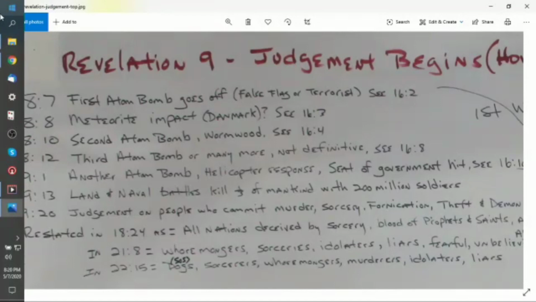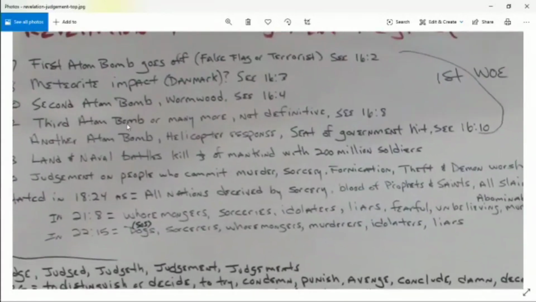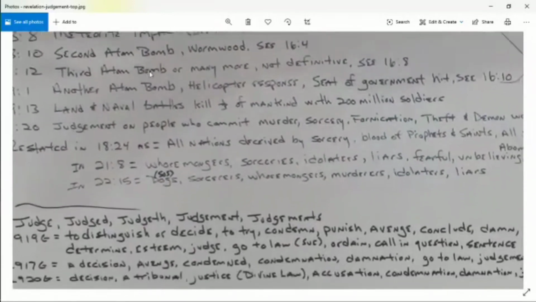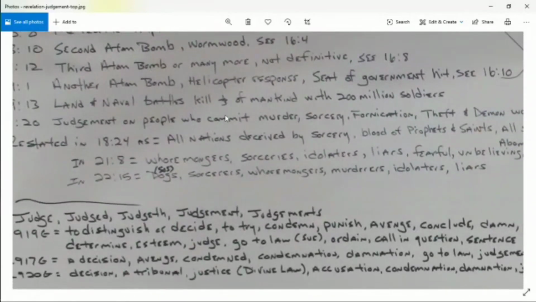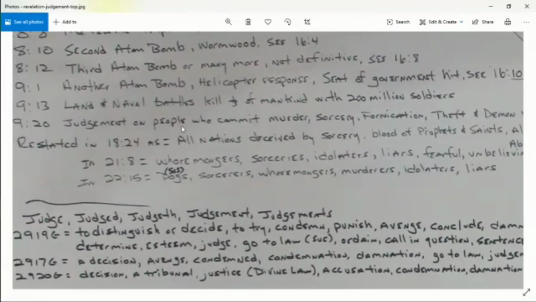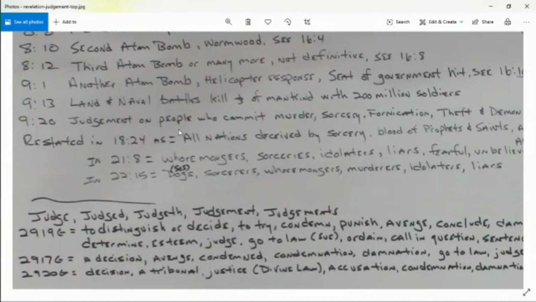So I would say the nuclear war doesn't happen until after or right around the time when the eighth beast is destroyed, the House of Rothschild and the false prophet. Okay, those two, the eighth beast and the false prophet, are the last to be destroyed just before Satan himself. And so I don't see us having nuclear war until that period in time. Okay.